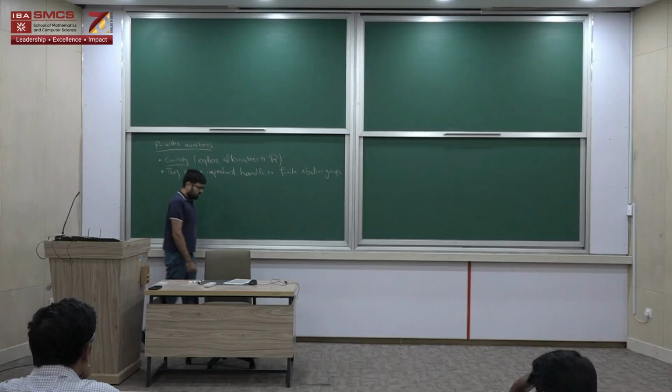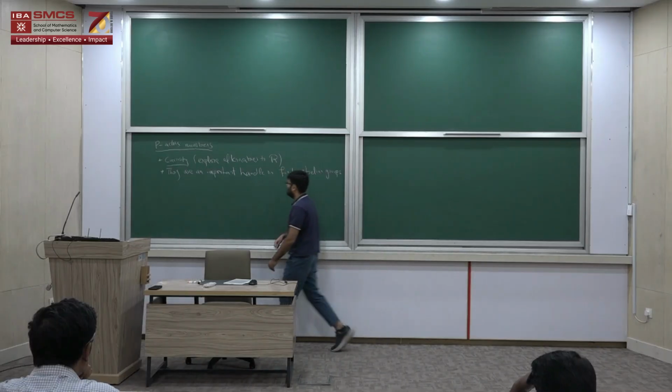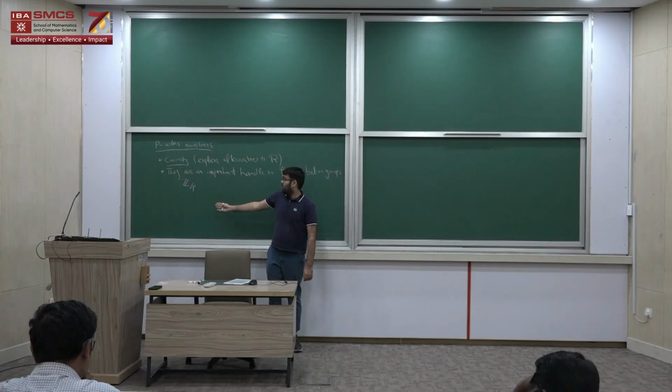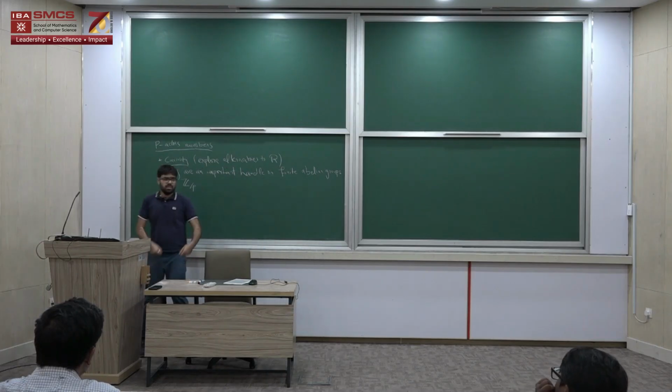And the important example we should have in mind are integers modulo p. So I can consider integers from 0 to p minus 1, let's say, and I can define addition or multiplication on them by adding or multiplying them as numbers and then taking the mod p.